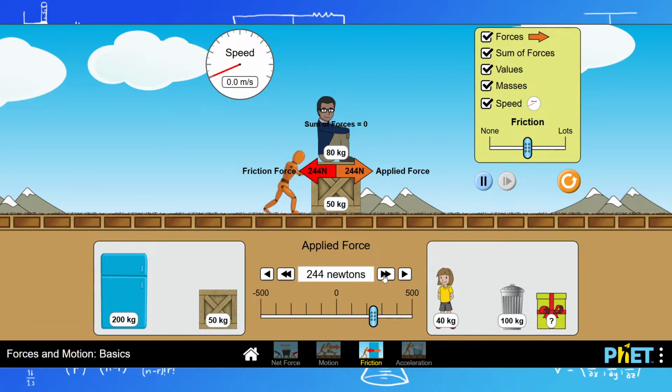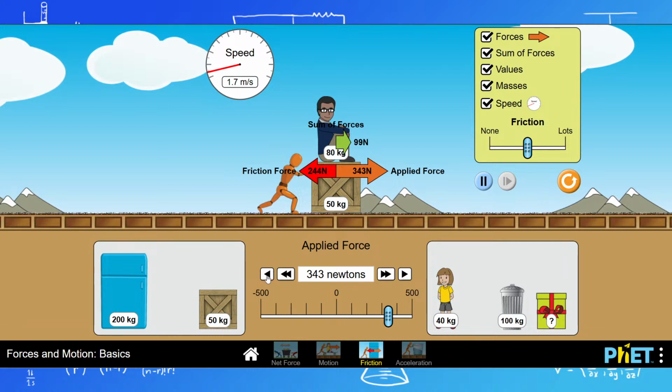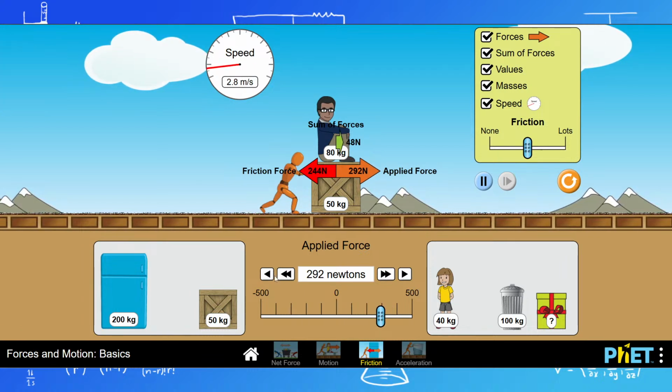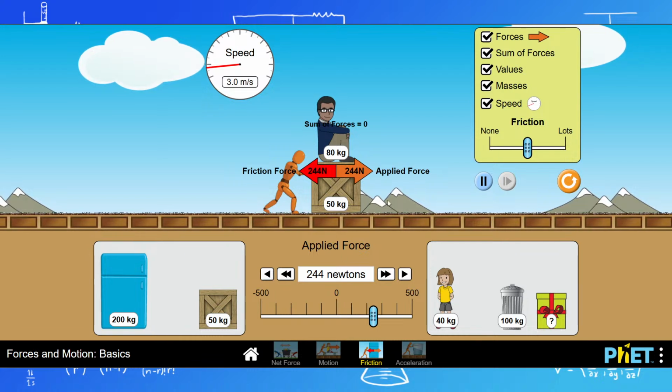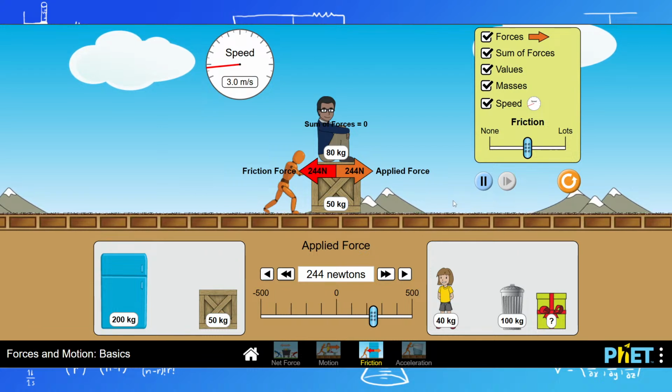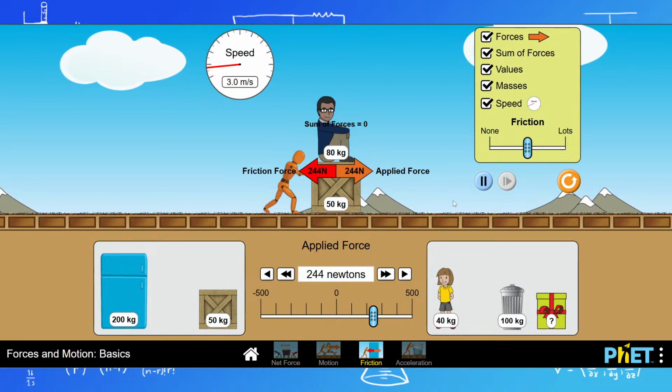Let me try and increase this. Is that enough to get you moving? Okay. Yeah, there we go. Okay, so now we are under a circumstance where you've got 244 newtons of kinetic friction. I can decrease the friction now by decreasing the normal force. It works both ways.